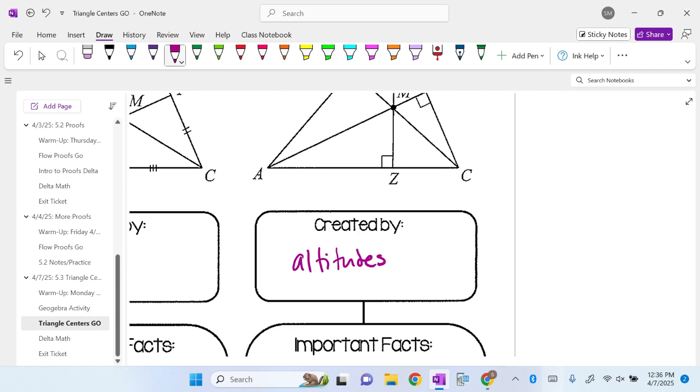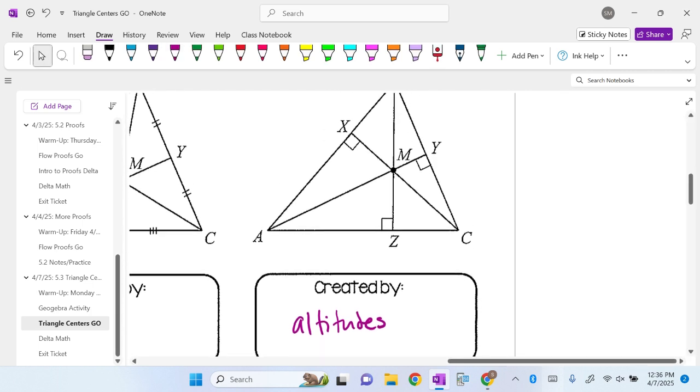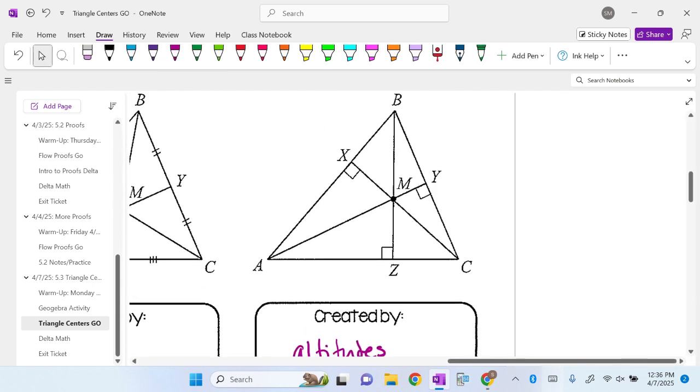Now, for those of you who don't know, the altitude is basically if you were to draw a line from the vertex to the side to figure out its height, that's the altitude. So the altitude is the highest or longest line that you can make from one side to its opposite angle. That's what an altitude is.